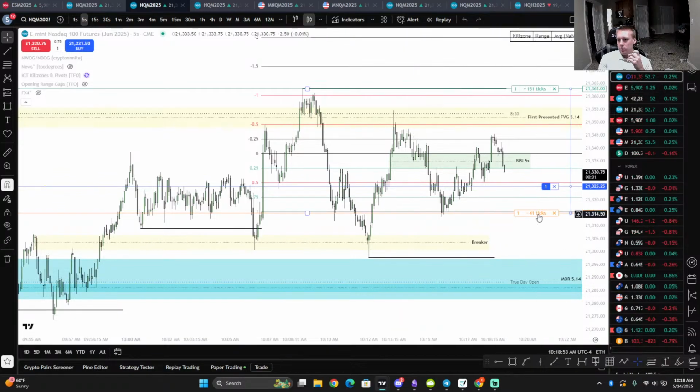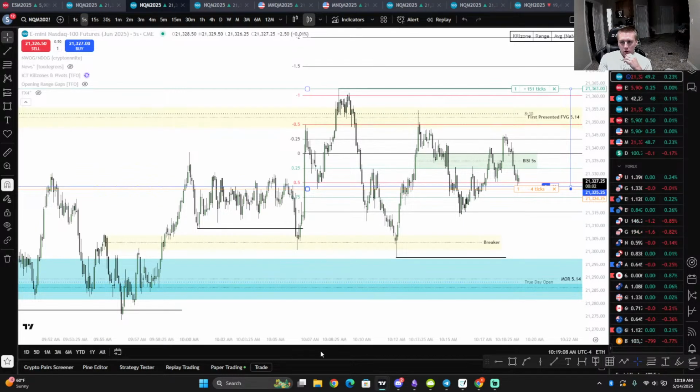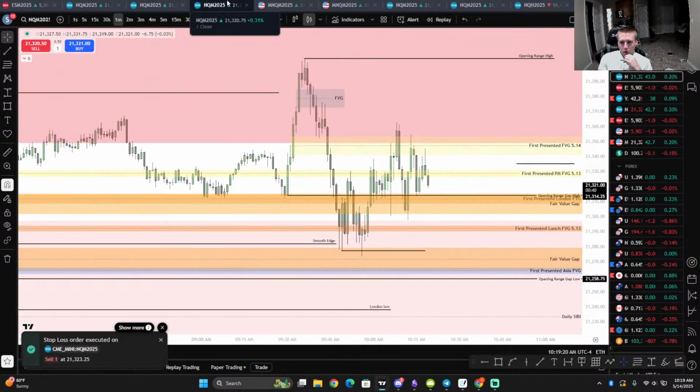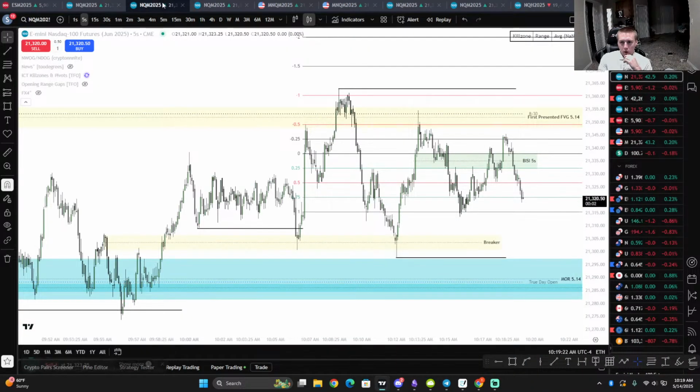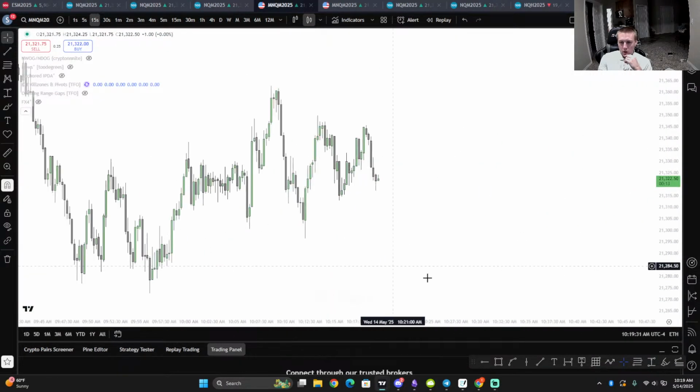That's problematic for this trade. We're just in a consolidation here. Notice how it just traded the first presented fair value gap. And also note this SIBI.